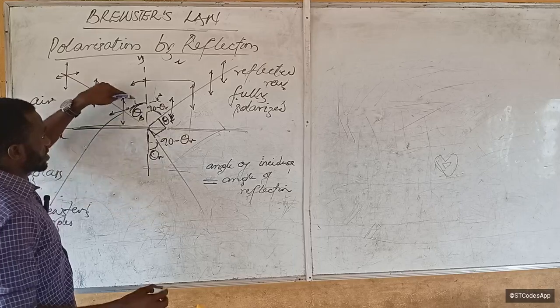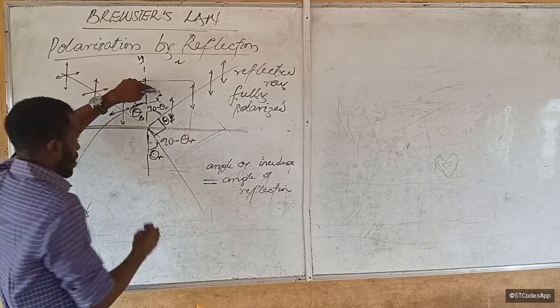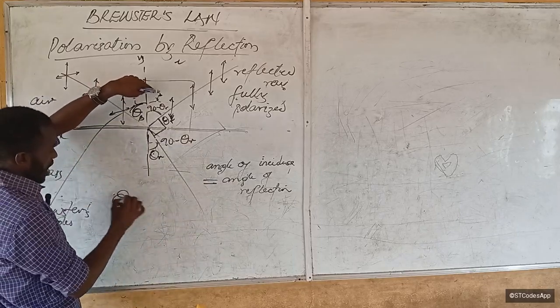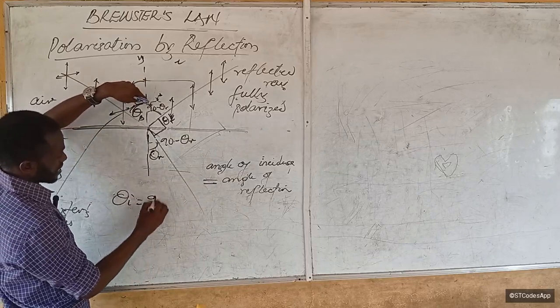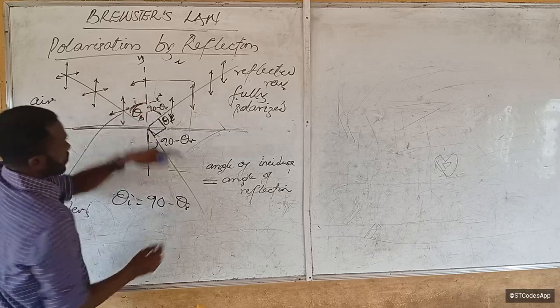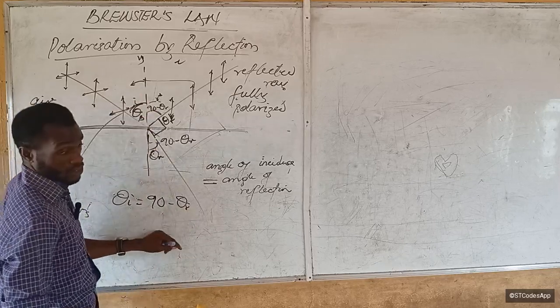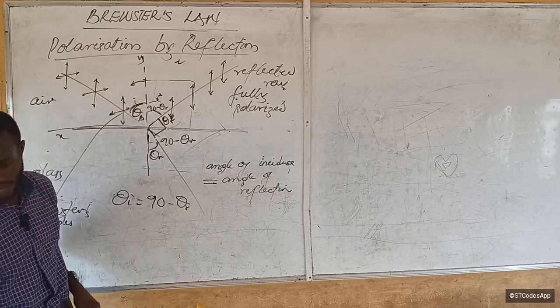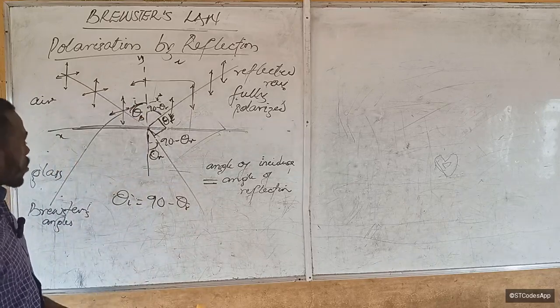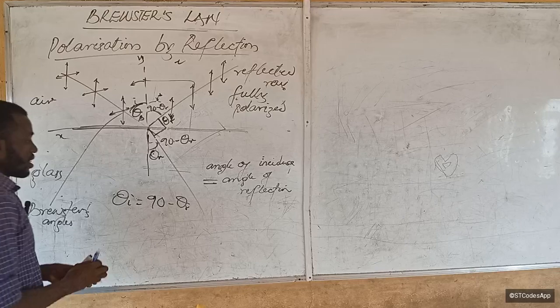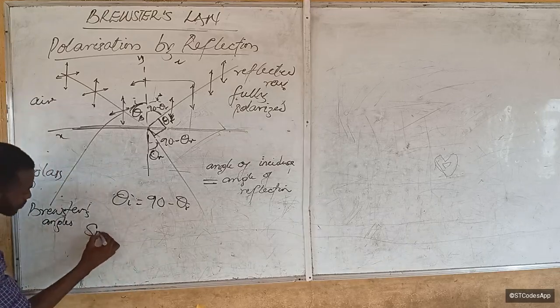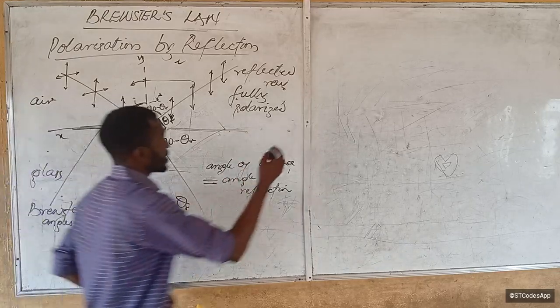Therefore, since theta I is equal to theta r, that means that theta I must be equal to this 90 minus theta r. Keep in mind, this r is for refraction. Exactly, it's for refraction. Okay? So if that be the case mathematically, remember also Snell's law, let me bring that here.